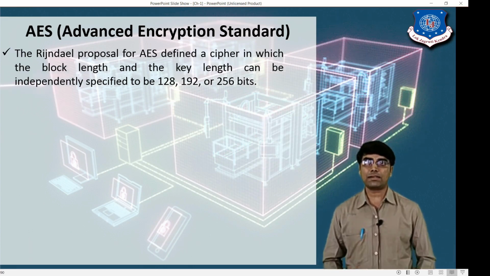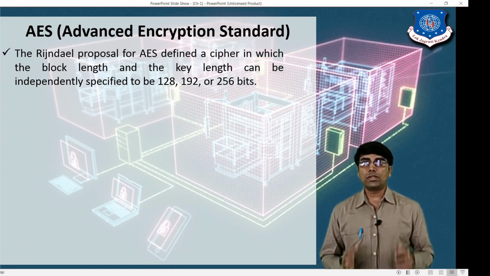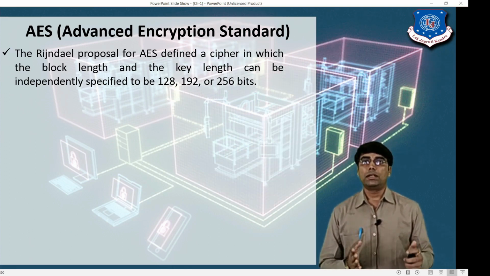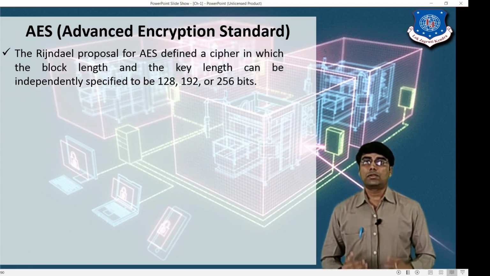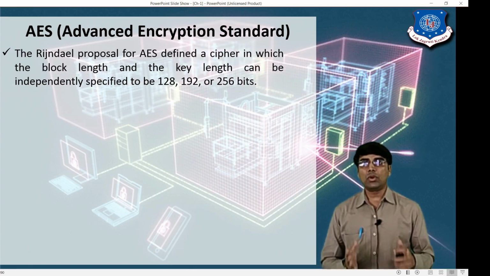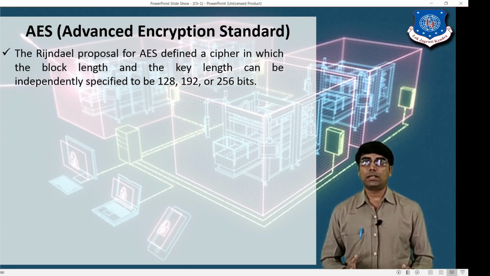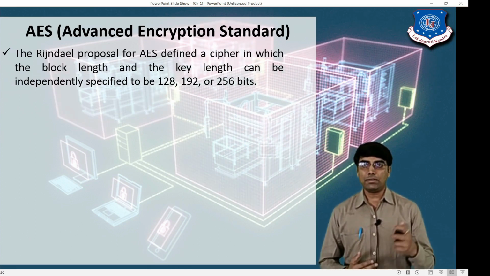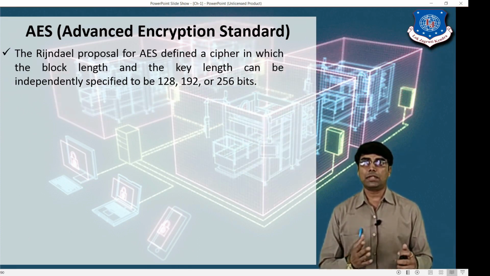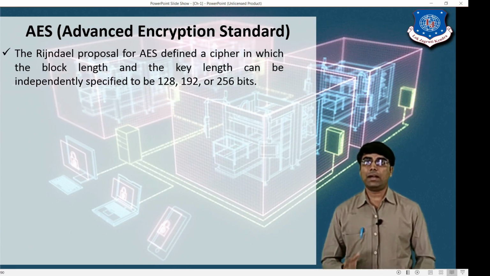Second, it is faster compared to the DES algorithm, and AES is more secure compared to the DES algorithm. Why it is stronger compared to DES, we will see in the next slide.